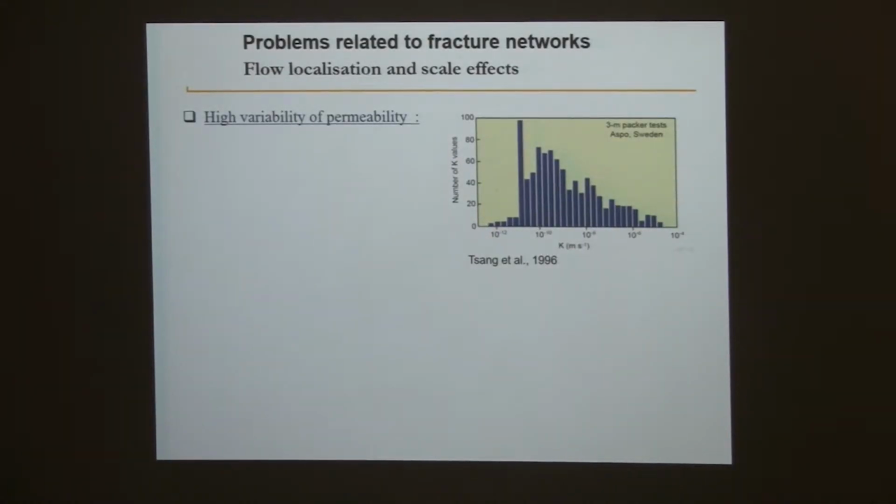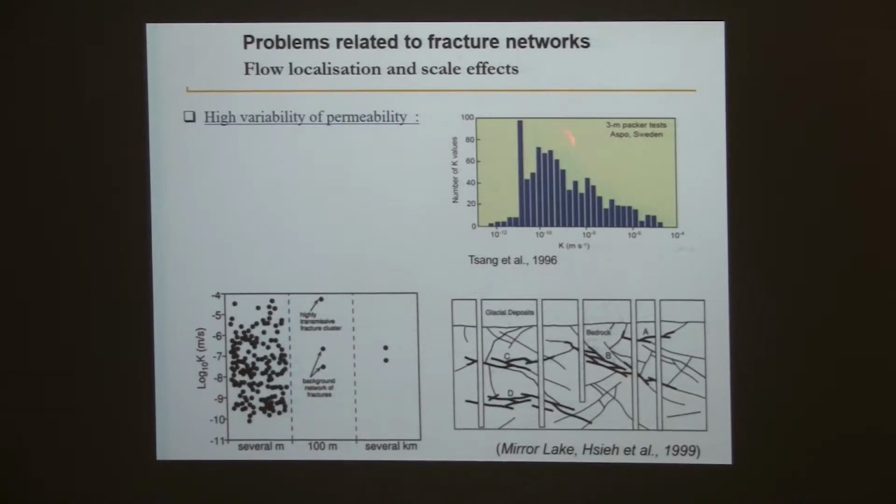This is relatively easy, and you can get some idea about the permeability in crystalline rock, like for instance here, the number of values for the different permeabilities that have been measured.